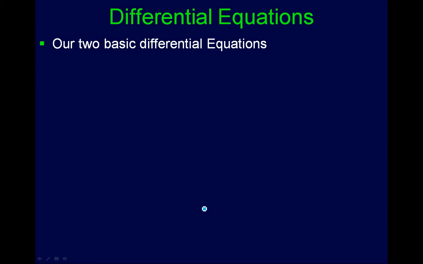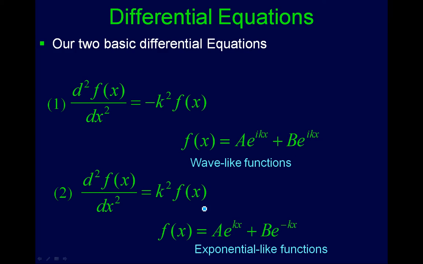So the first thing is, again, we have our two basic differential equations. All of our potential problems are going to be such that the potential in the region is a constant. And so we're always going to be able to write our differential equations this way: the second derivative equals negative constant times some function, or the second derivative equals positive constant times some function.